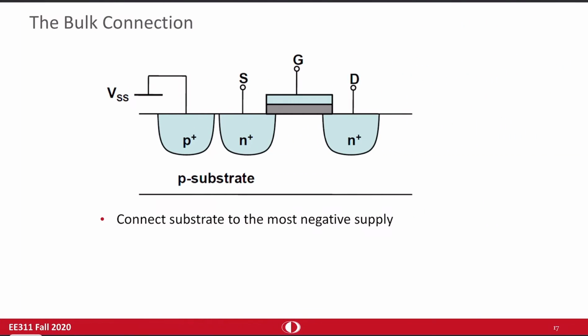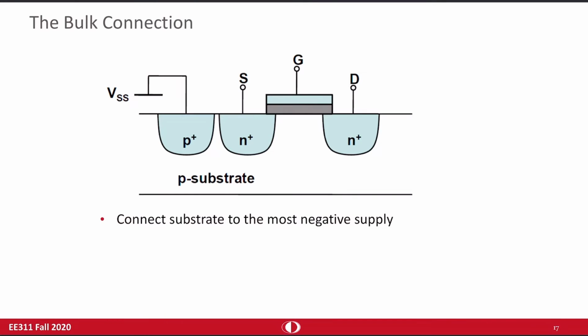So this is the cross-sectional view of the silicon chip. What you have is, of course, gate, drain, and source. Bulk connection is in here. So you connect the substrate to some potential. How do you do that? You are using P plus doping in here. You have the P substrate.